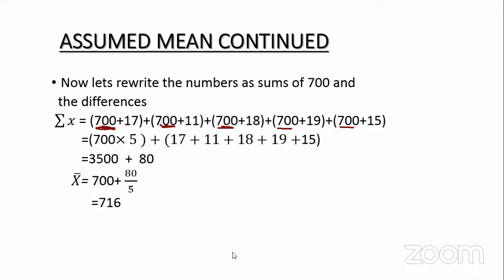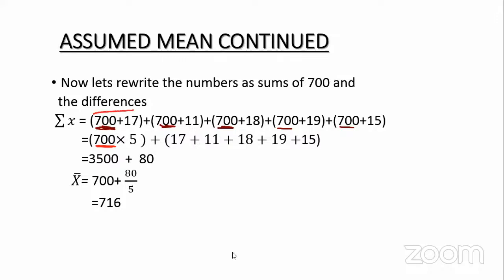So there's a constant that you are seeing mathematically, from the maths we know in Form 2, that I can factor out the common term in all those 5 numbers. And the common number is 700. I'm factoring out this 700, but how many times is 700 appearing? 5 times.